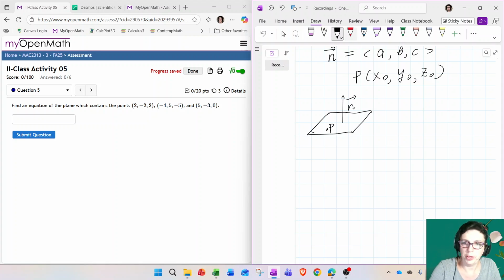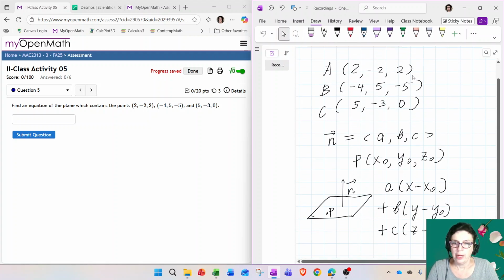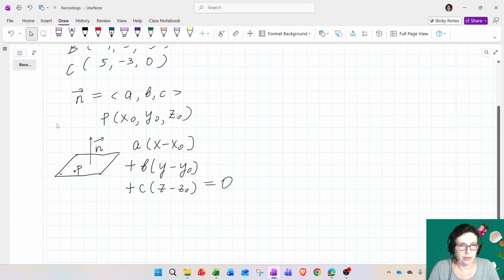All right, so what is it going to look like? So the equation of a plane looks like this: a, which is the x component of the normal vector, times x minus x0, plus b times y minus y0, plus c times z minus z0, equal to 0. So that's your equation of a plane, okay? Now, what do we know here?